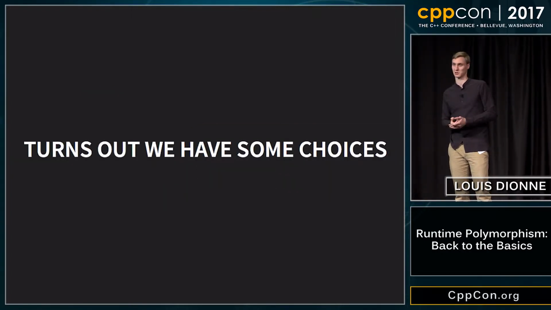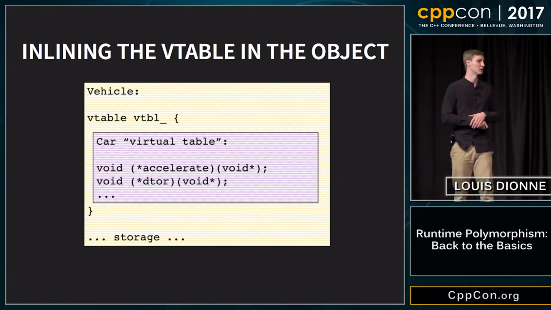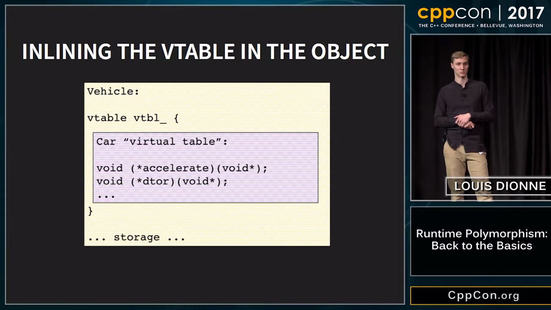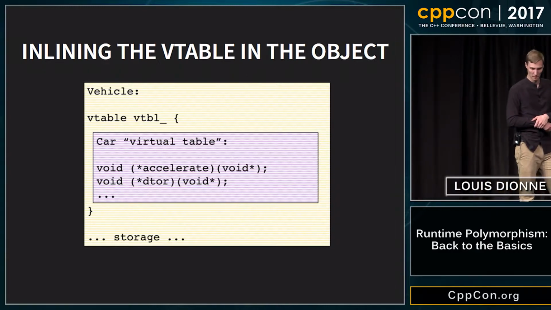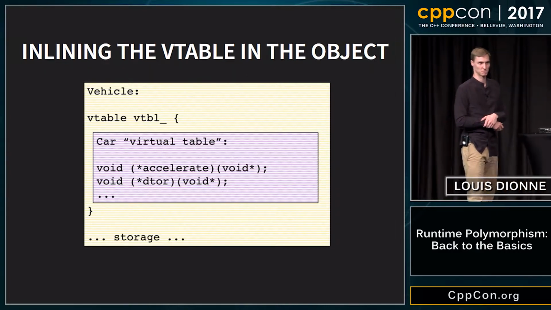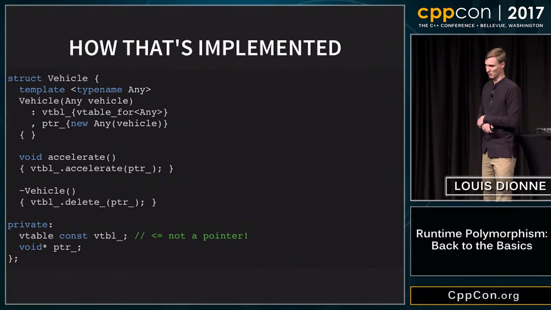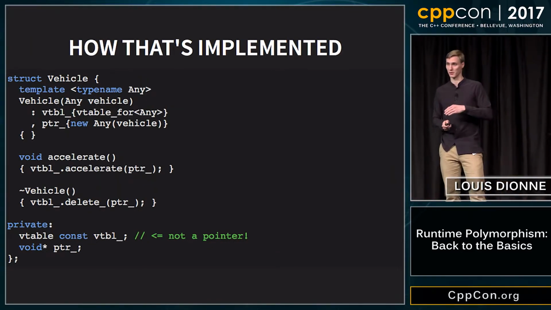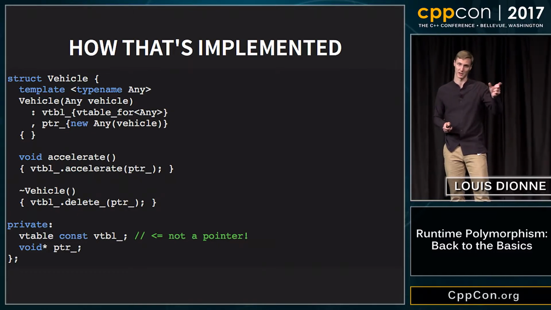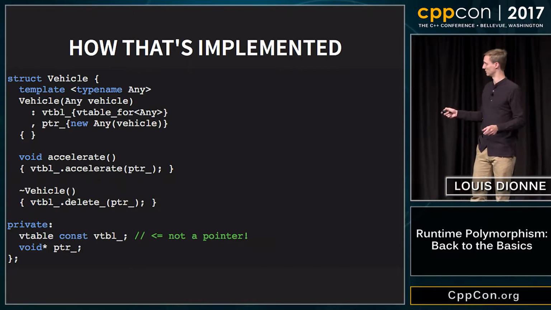But maybe we have some choices, right? What if we tried to actually inline the vtable in the object? That may or may not be very smart, but that's something we could do. So how would that work? Well, basically, you just need to take your vpointer and turn it into, I used to have a pointer to my vtable, and now I just have the vtable right there.